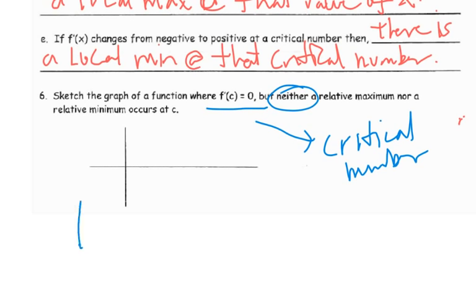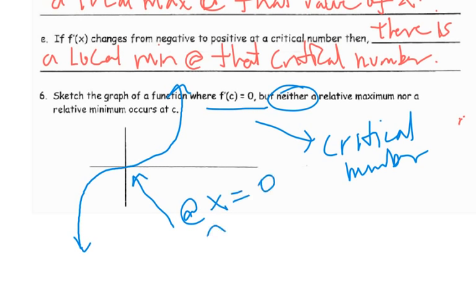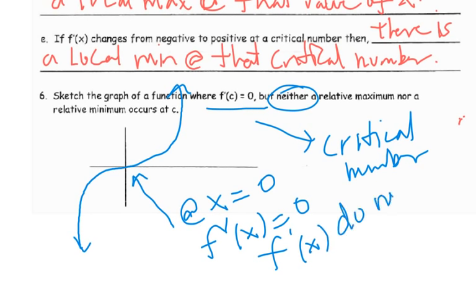If you think about the function of x cubed, which flattens out at x equal to 0, in this case, on this graph, at x equal to 0, f prime, the first derivative of x is equal to 0. Which indicates a critical number, but notice f prime of x, the first derivative, the slopes, do not change sign.